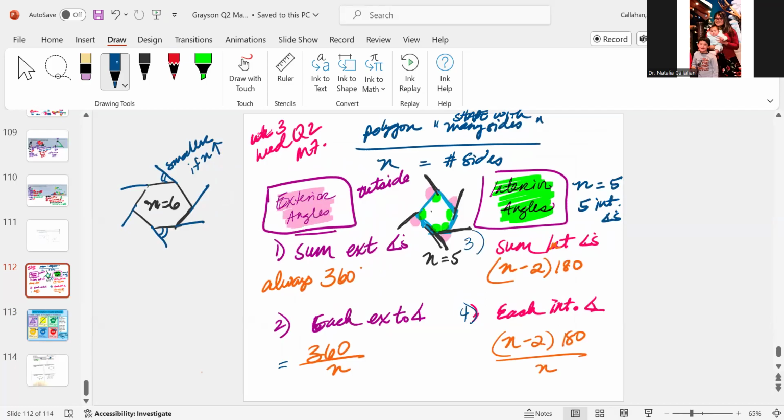You need to have that done. Where's your interior angle? Make sure you highlight it so you know which one's which.